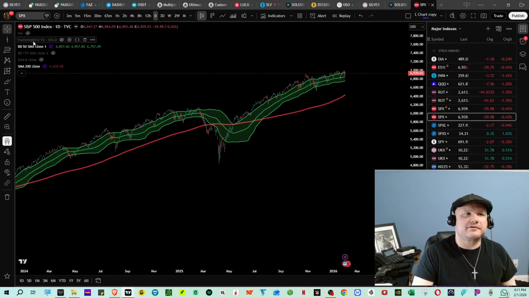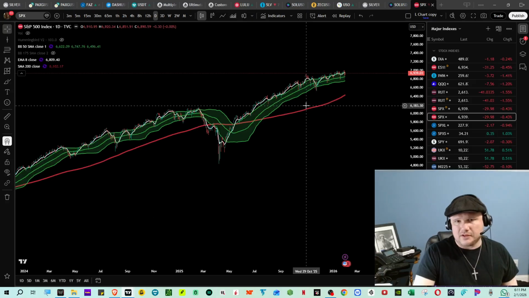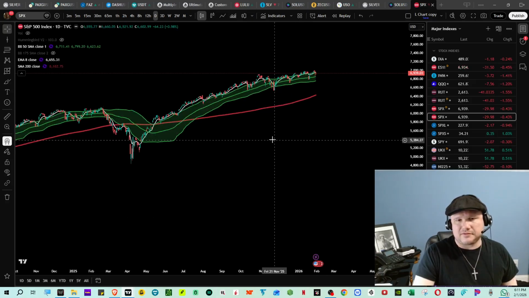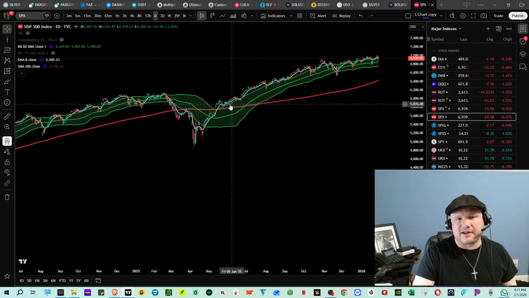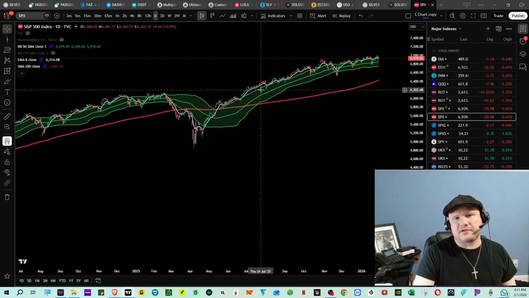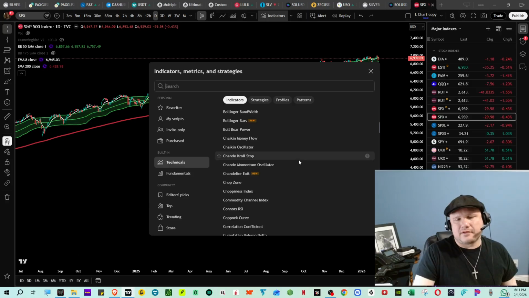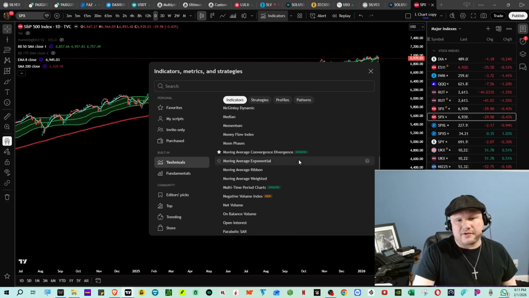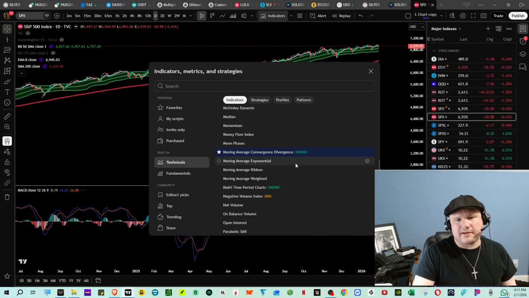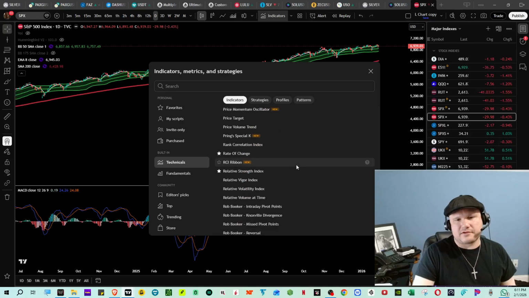But going back to Thinkorswim, a lot of times I'll do things like use an 8 period EMA to be a trigger point in my trades. What's cool about TradingView is you can go through and we can add the MACD to the chart.